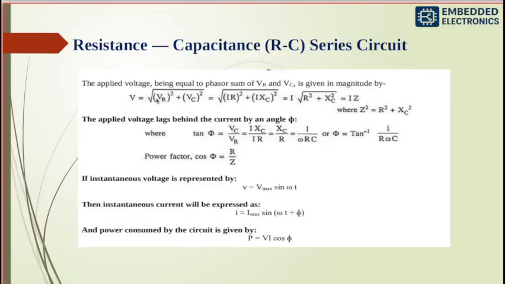But we know VR is IR and VC is I XC. Substitute. I is common, so take it outside, then write as it is: square root of R square plus XC square is nothing but Z, the impedance. So you get the final answer IZ. Total voltage is nothing but IZ.